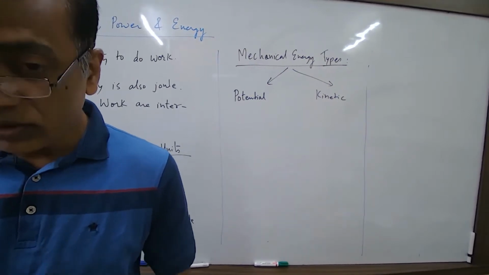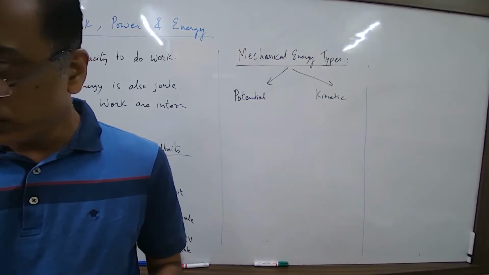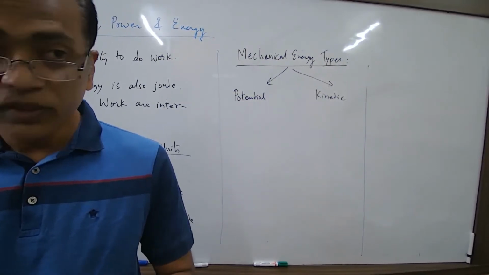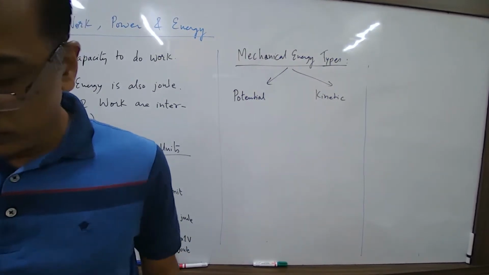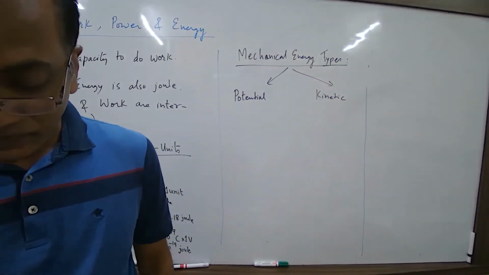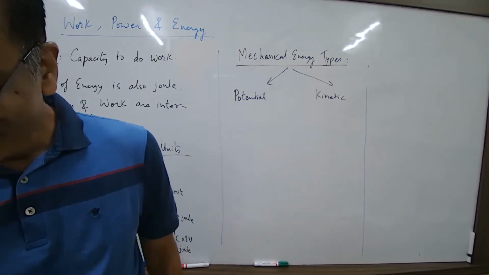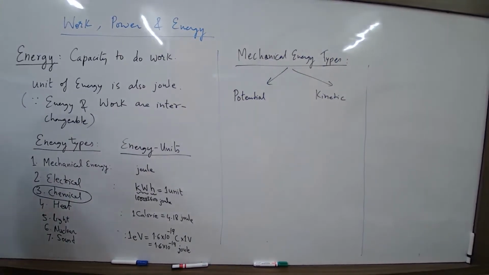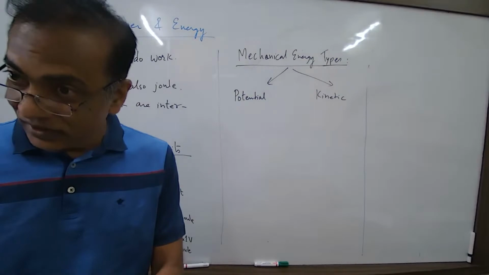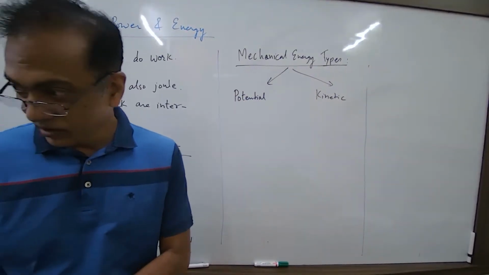Whenever you work on an object, its energy increases. So now it has got some energy because I lifted it. When I released it, what happened? Sound. Is it energy? Yes, it is energy. So that was the potential energy which was stored. It got converted into sound.